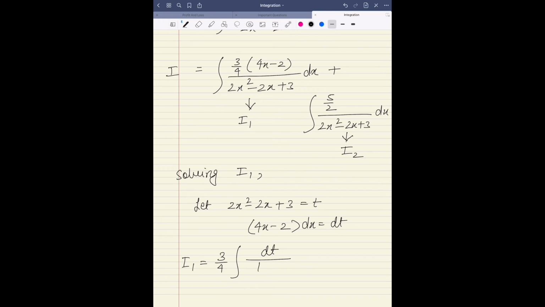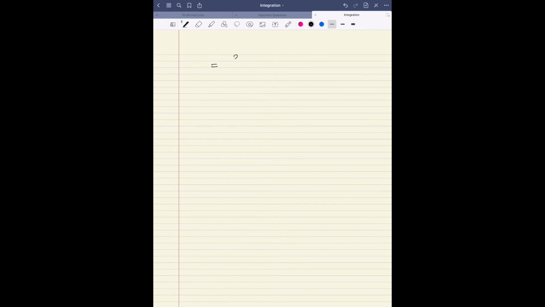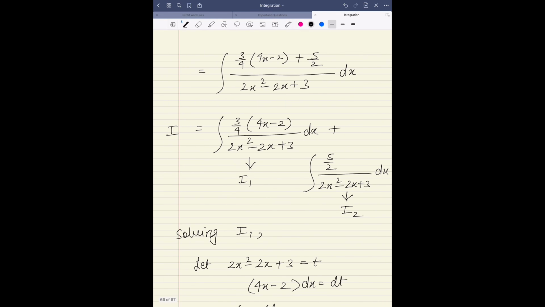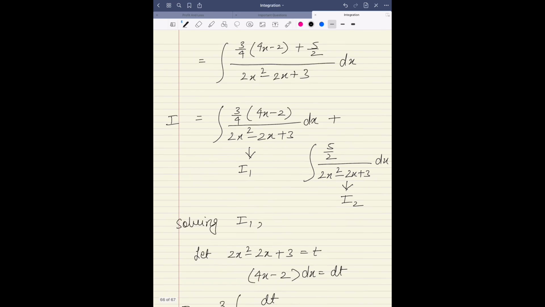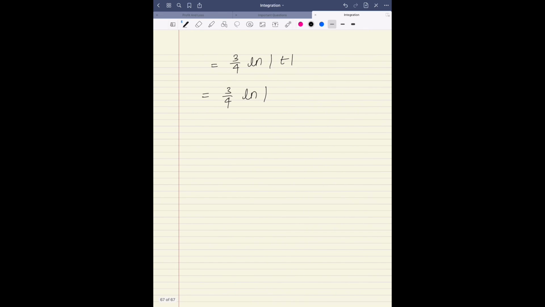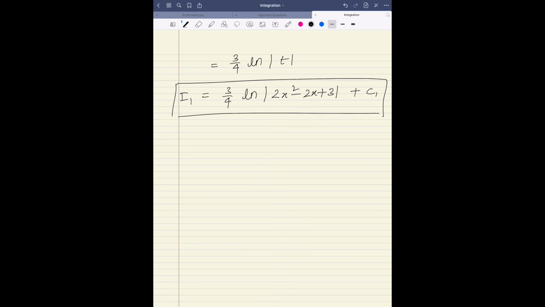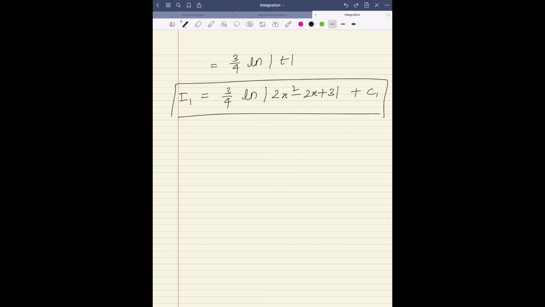So we'll get dt by t, which is nothing but 3 by 4 ln mod t. In substitution, the last step is you replace the value of t. So we'll get 2x square minus 2x plus 3. You can call it plus c1 because we are calling it I1. This will be our I1. Now we have our I1.